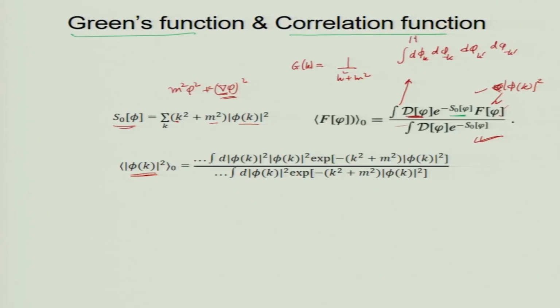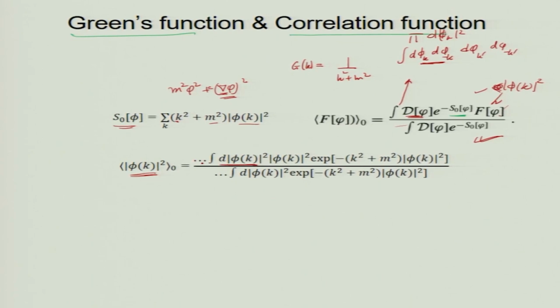So, you can write this as a product of d phi k squared for every k. So, I am going to make one variable d phi k. Okay. But some product for all k's. Okay. Now, so I put this.